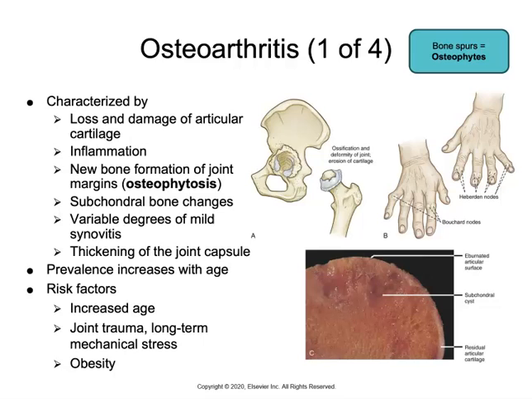And we also see some small islands of residual articular cartilage next to the exposed subchondral bone. And we'll have variable degrees of mild synovitis and thickening of the joint capsule. You can also see in osteoarthritis that we have these Bouchard nodes or Heberden nodes, and we're going to talk more about that in the coming slides.